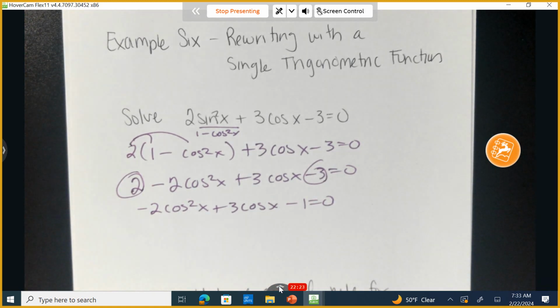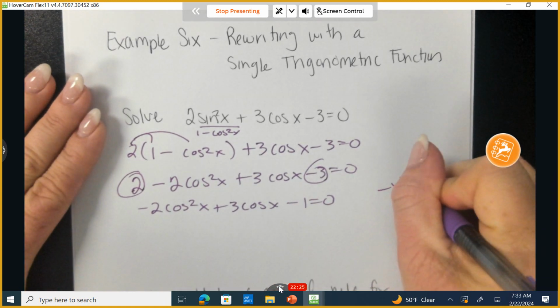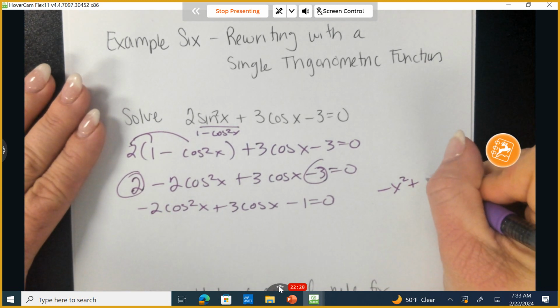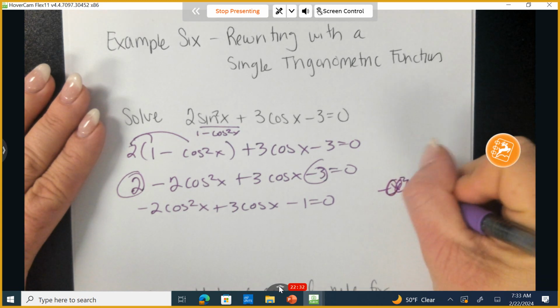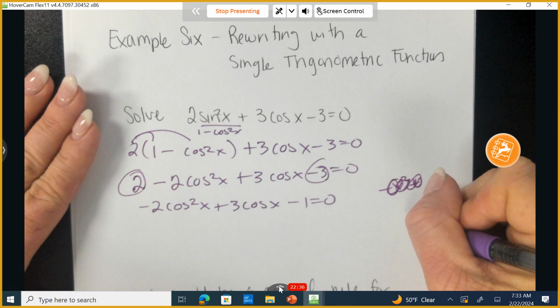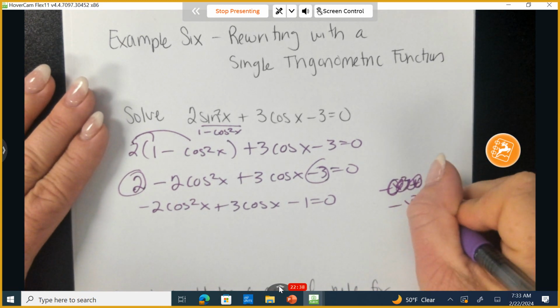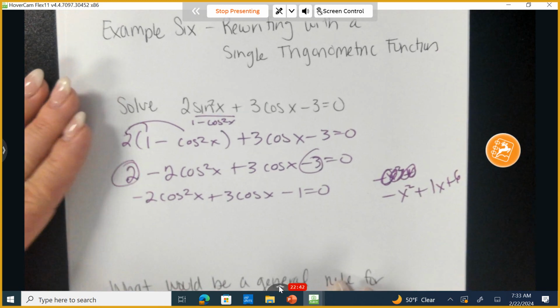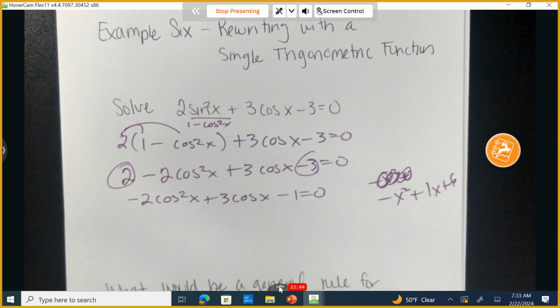Now, I never like to factor when the leading coefficient is negative.